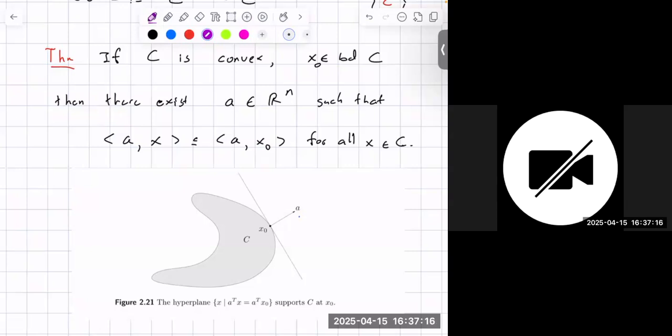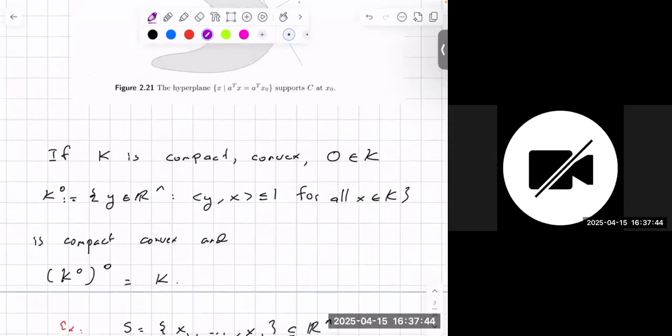So you create a linear thing that separates your convex shape from everything on this side, and it is touching your convex shape exactly where you want it to touch, okay? Yeah, this is not a great picture. This is not convex, I agree. This is like a funky banana, right? But anyway, I think it illustrates the point. So this is what's called a supporting hyperplane.